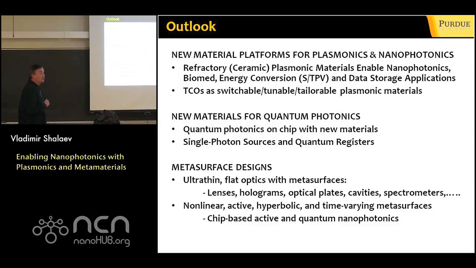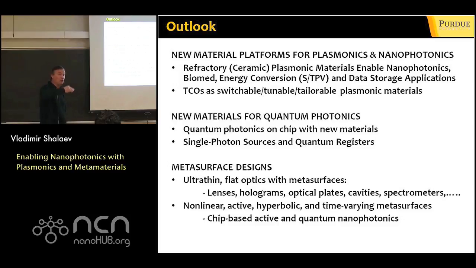Earlier, we also looked at metasurface designs, which are basically the 2D version of metamaterials, and which have already demonstrated lots of spectacular applications, because in this case you have a planar version of metamaterials, which is easy to make and is chip compatible. And that resulted in a whole family of new optics, flat optics, which is much thinner than conventional optics, because it uses different ideas of how to control the phase.